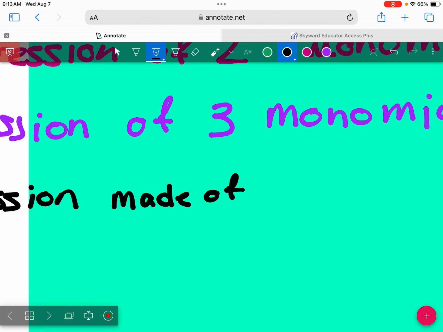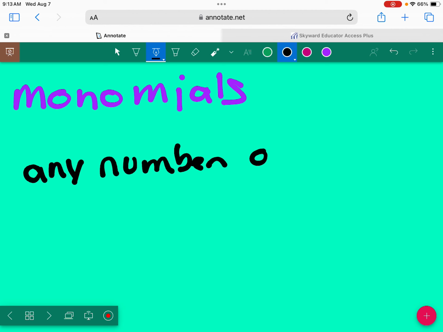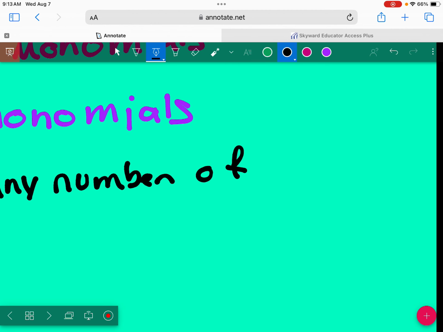Made of any number of monomials. Close to the edge of my hand. There we go. Got it.